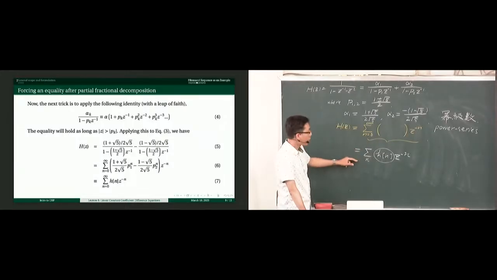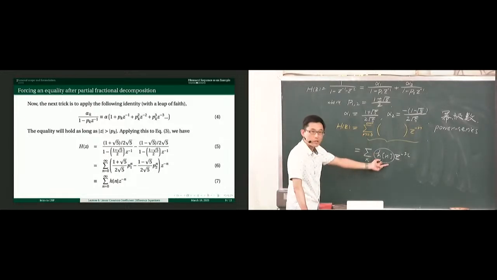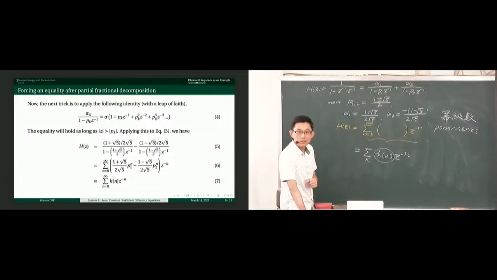Now we have different expressions for the same function, so every term has to be equal. That's a very basic property: if two power series are equal, then every coefficient is equal. That is a very basic property in math.